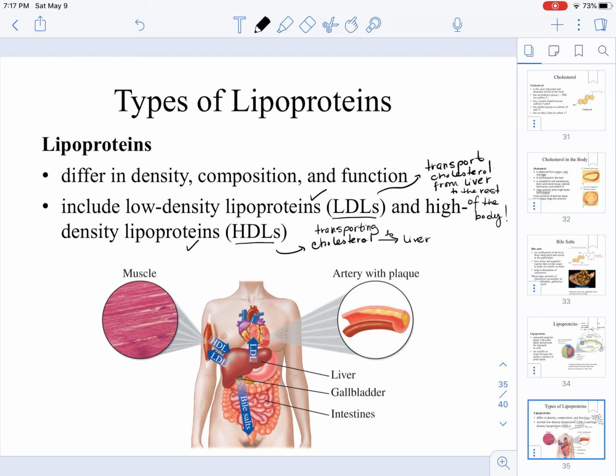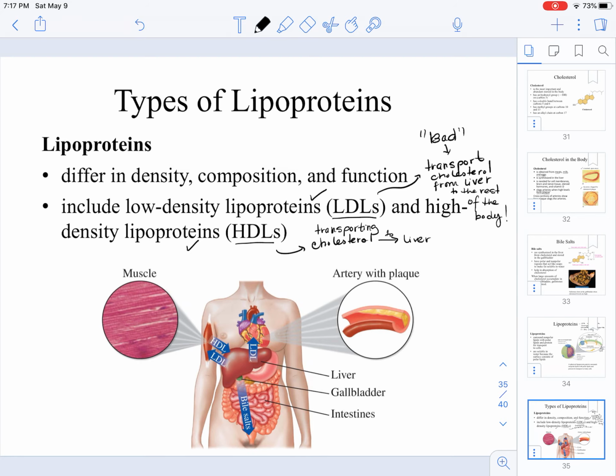Now, understand that when it comes to this, there are the terms good cholesterol and bad cholesterol. Okay, so LDLs, this is known as bad cholesterol because it's taking the cholesterol from the liver to all of the organs.